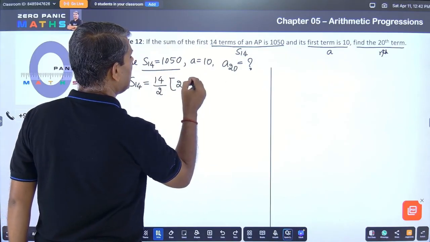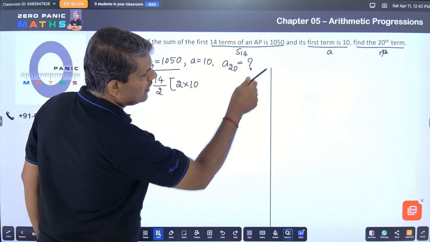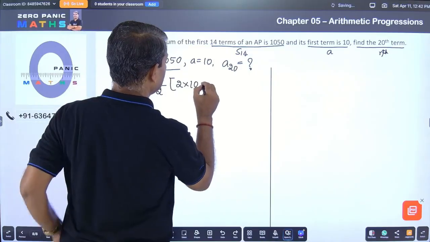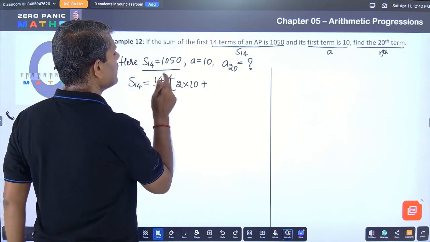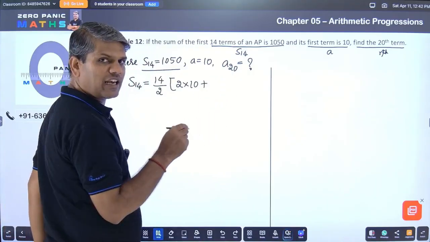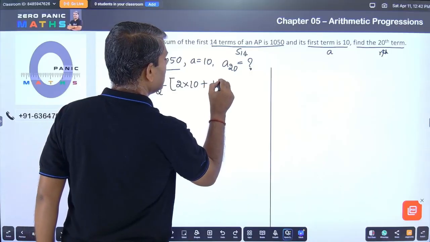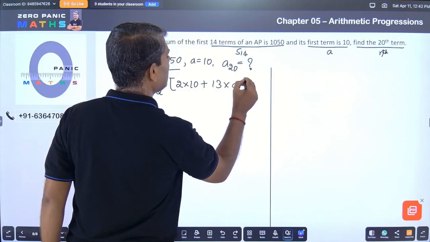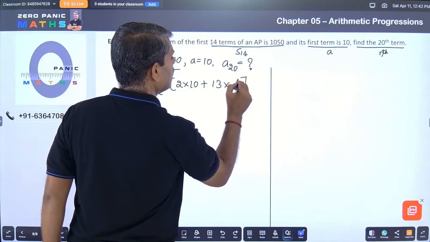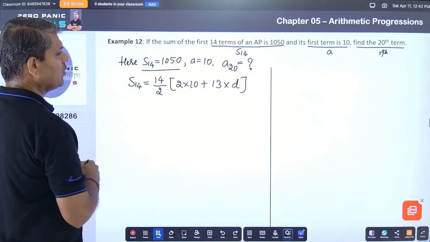What is a? They have given it as 10, right? a is 10, and n minus 1, so 14 minus 1, that is 13, into d. The d value we don't know. We have to calculate that.